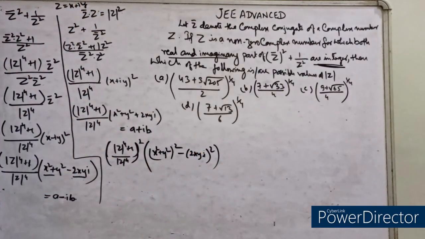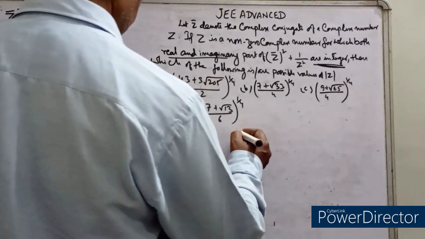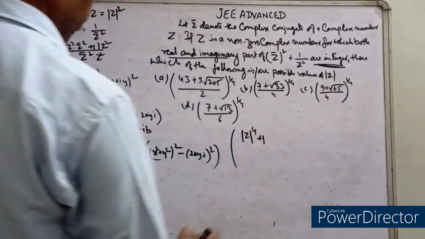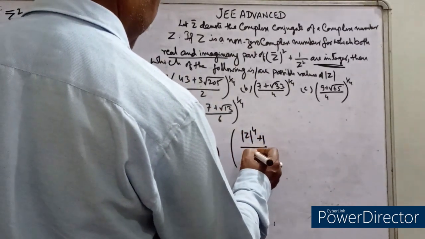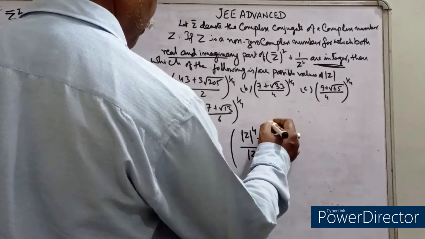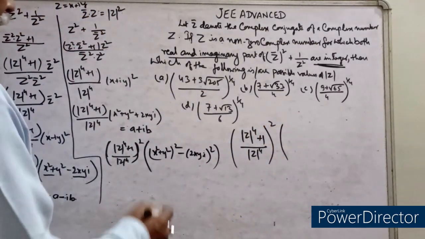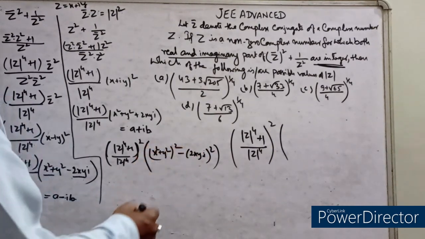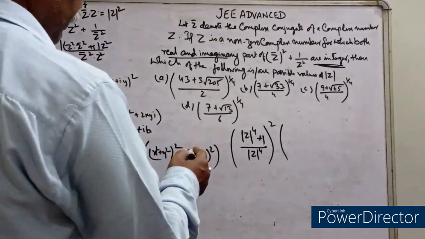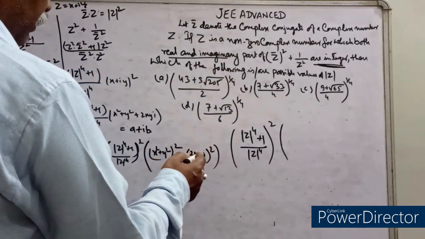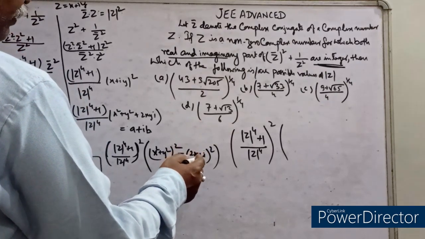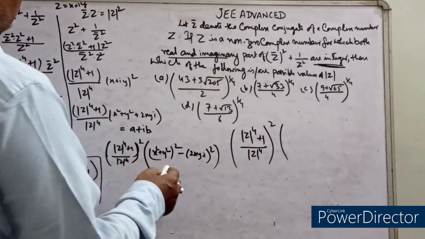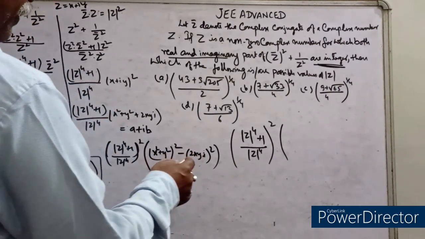So this will come out to be modulus z to the power 4 plus 1 by modulus z to the power 4 the whole square, and here this will be 4x square i square, with i square being minus 1, and a square minus b square.